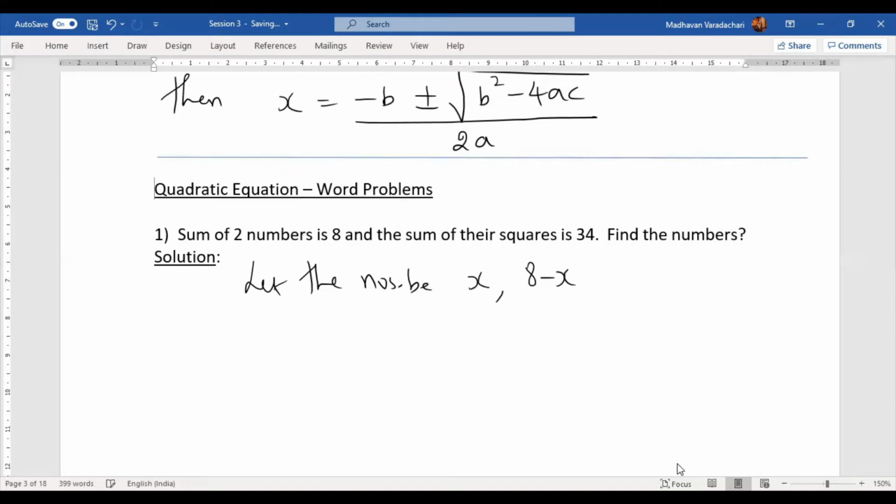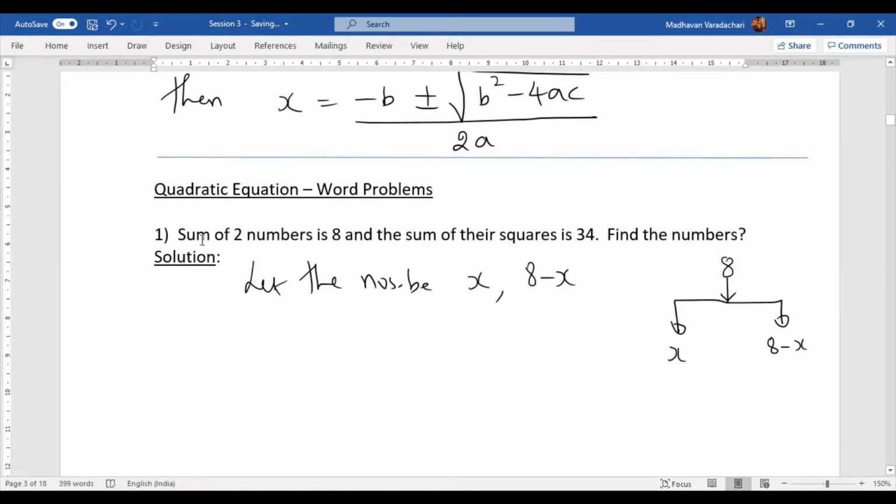How I am considering this? Because actually 8 I am trying to split it into 2. If I consider one as x, naturally the other will be 8 minus x, because we know if I add these two numbers, I should get 8. For that reason, you consider the numbers as x and 8 minus x.